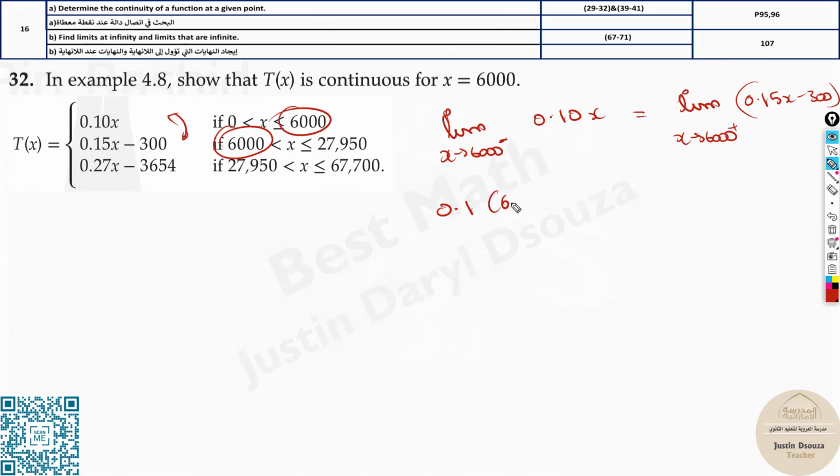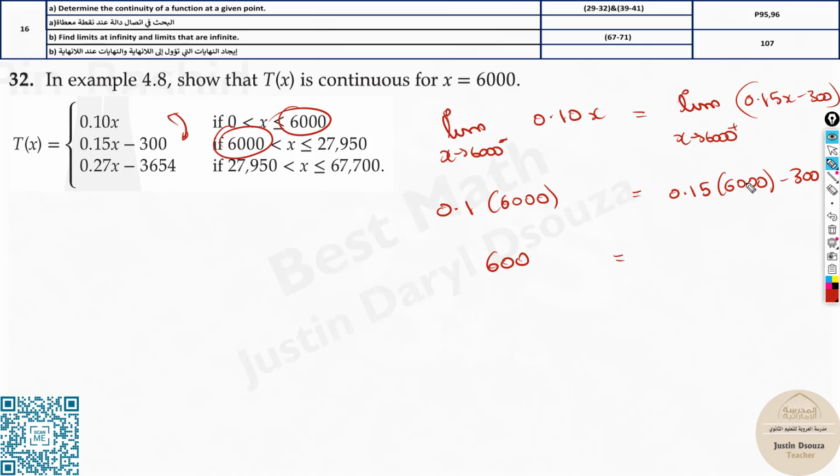0.1 multiplied by 6,000. Here, what happens? It's 0.15 multiplied by 6,000 minus 300. This is the first part done. Wherever x was there, I just put 6,000. That's it. Now here it's pretty simple. The 10 is gone, and it'll be 600.